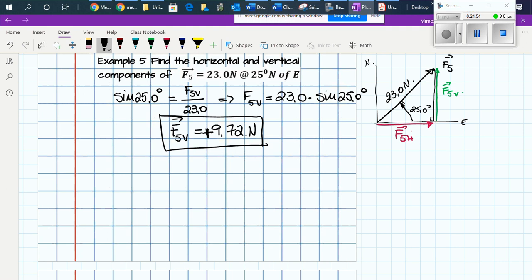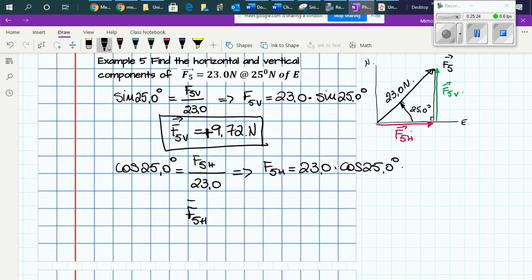And then the horizontal component is the adjacent of 25 degrees. So cosine 25 is equal to F5 horizontal over 23 newtons. From here, F5 horizontal will be 23 cosine 25. If I'm asking you to show your work, this is what I want from you.